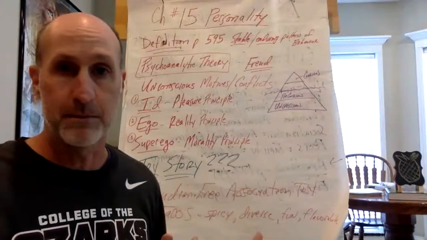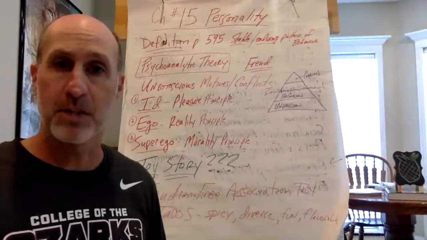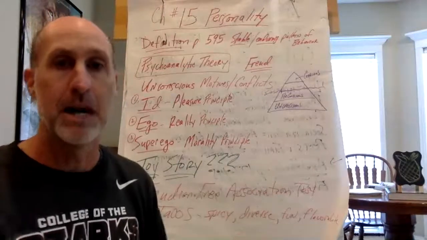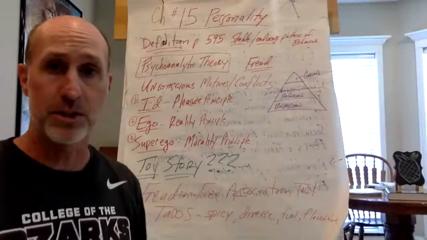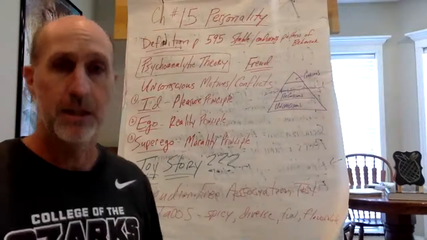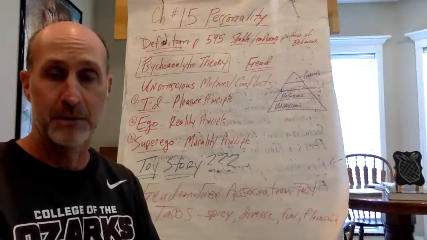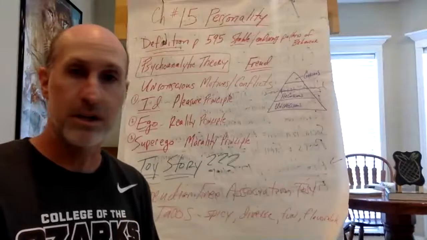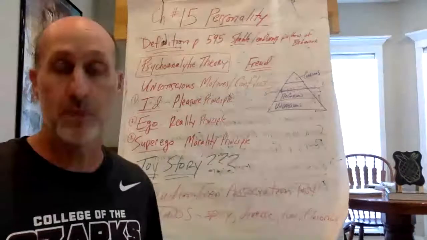If you have them balanced, then you will have a healthy personality. If one of them gets out of control and gives us the majority of our personality traits, we're going to have problems. If your id is out of control and you get most of your traits from your id, you're going to be like an immature person, like that child early on. You are going to be impulsive and fast acting.